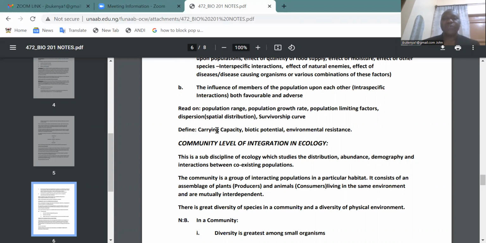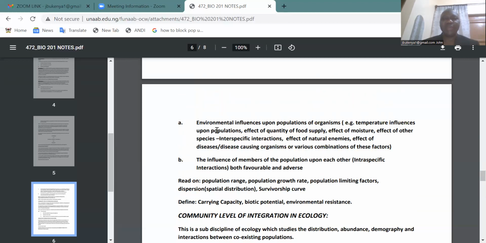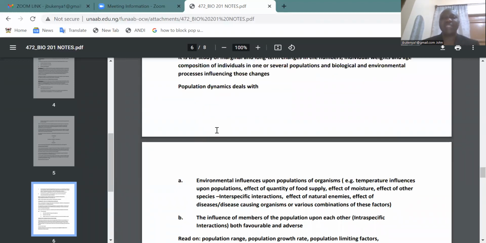Read about population growth rate, population limiting factors, and the issues of population dispersion. Look at the concept of carrying capacity. Look at what we call random dispersion, clumped dispersion, and regular or even dispersion of populations. And that is where we will begin from next time.